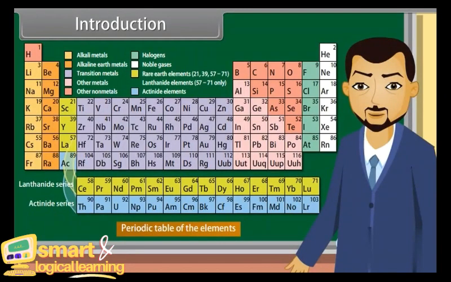So, let's proceed. In this lesson, you will study the elements that are known and classify them. Objectives.